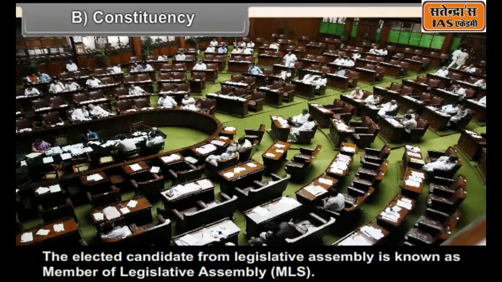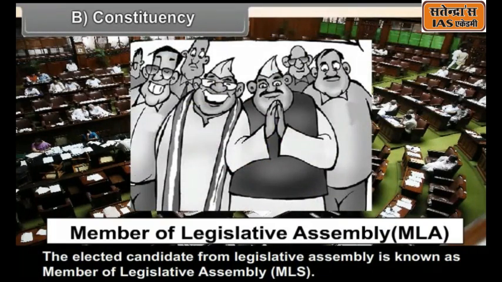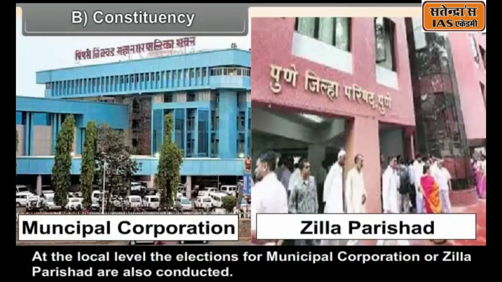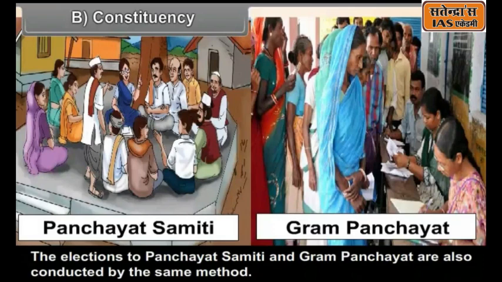The elected candidate from Legislative Assembly is known as Member of Legislative Assembly, MLA. At the local level, the elections for Municipal Corporation or Zilla Parishad are also conducted. The elections to Panchayat Samiti and Gram Panchayat are also conducted by the same method.